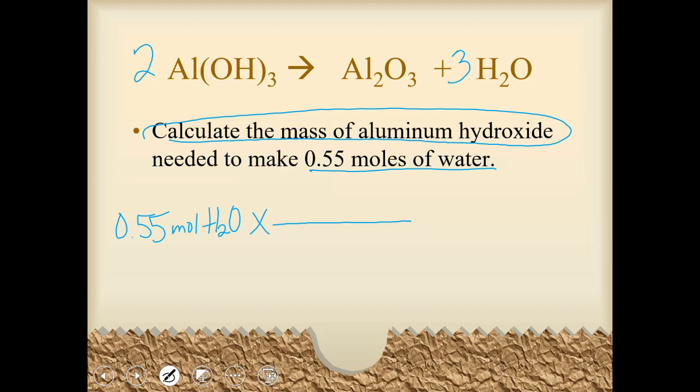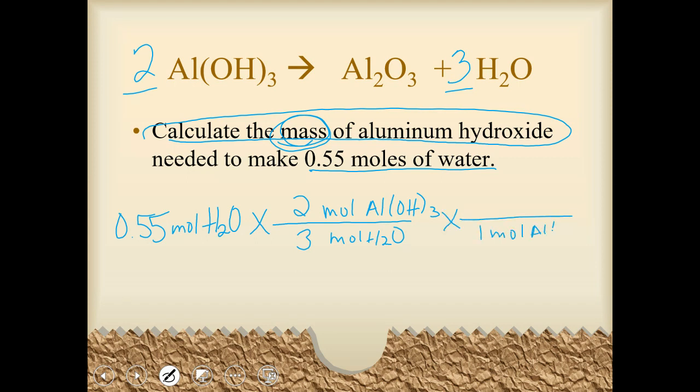So I'm trying to find aluminum hydroxide. So I'm going to go from water to aluminum hydroxide. And that's 3 and 2. 3 water for every 2 aluminum hydroxide. I want the mass, so I need another step, a mole of aluminum hydroxide. And I gotta figure out what that weighs. Let me see.